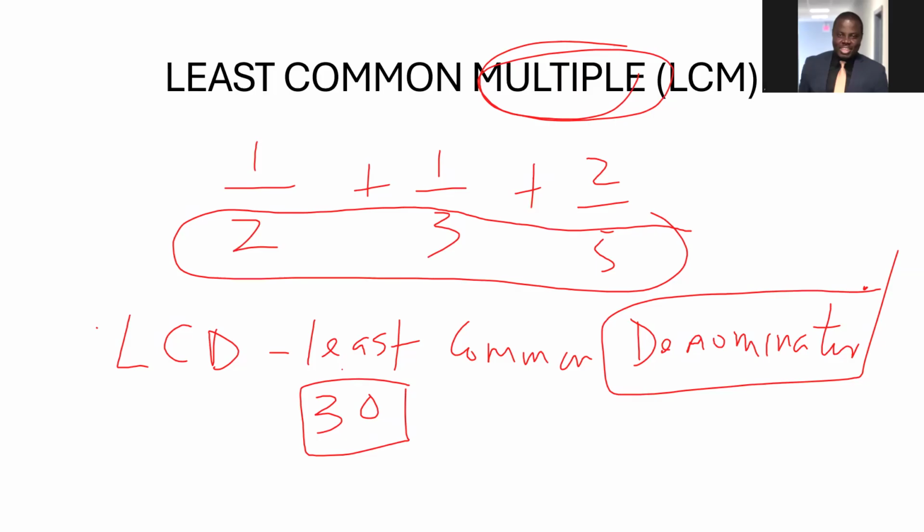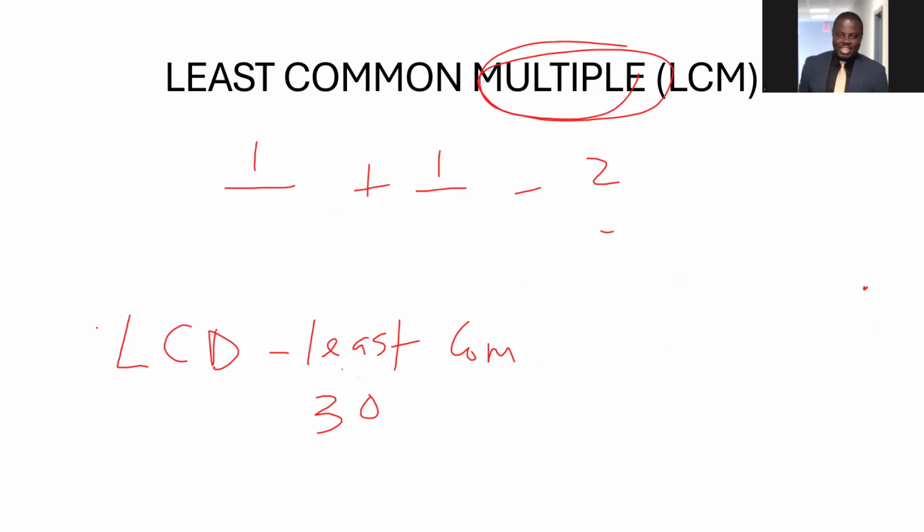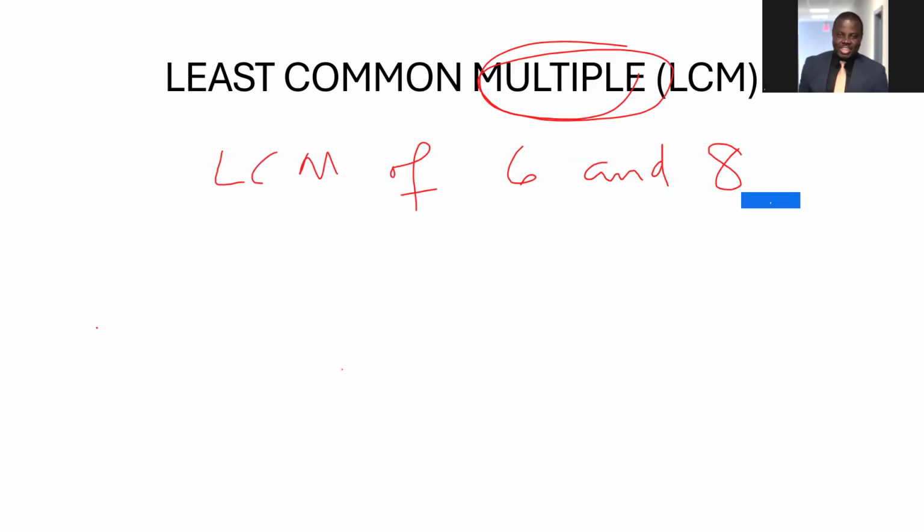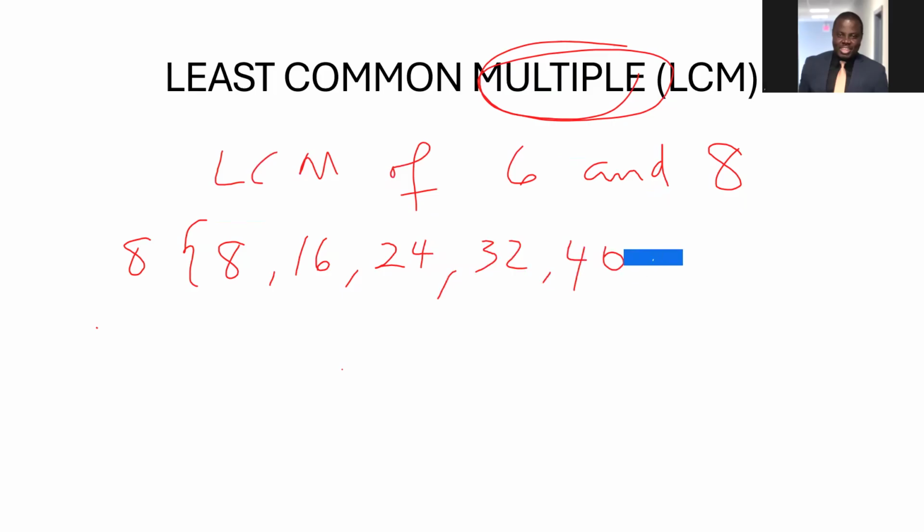Okay, all right. Another one. Find the least common denominator or the least common multiple of 6 and 8. So I'm going to start with the larger one. 8 times 1 is 8, times 2 is 16, 24, 32, 40, and then it keeps going like that.